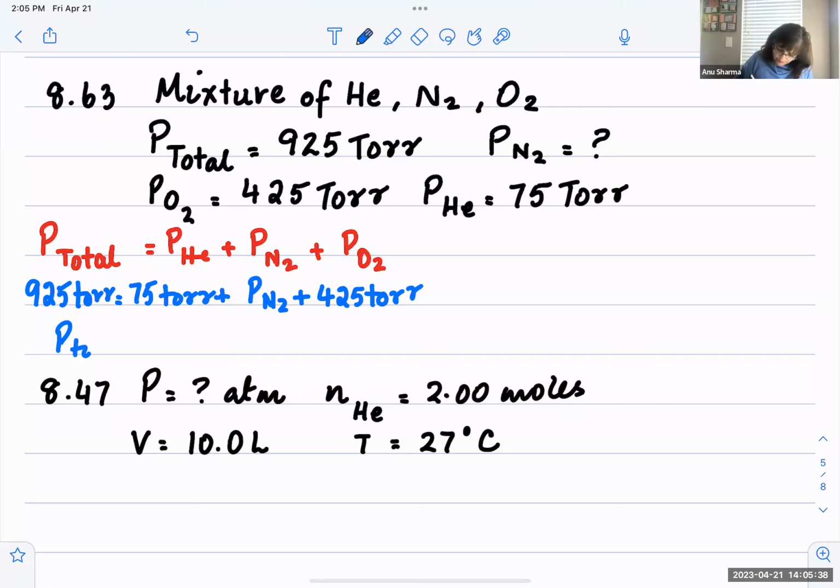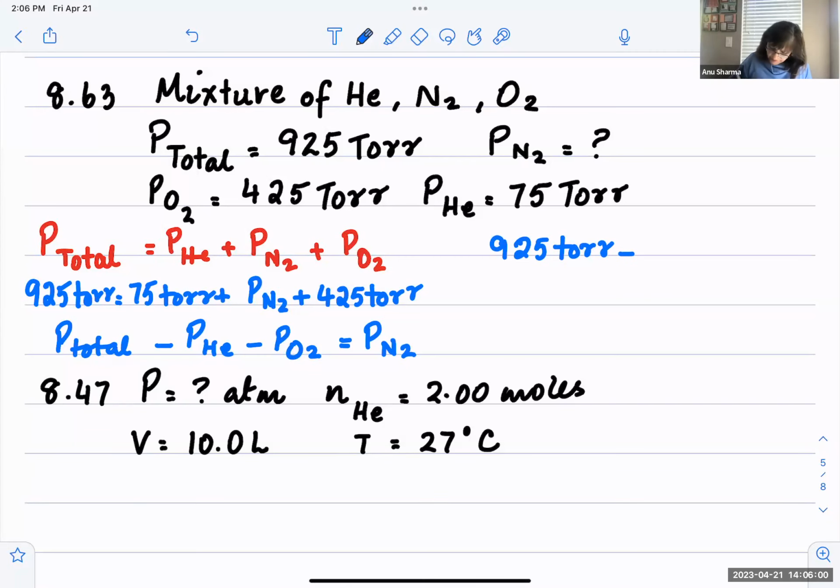P total minus the partial pressure of helium minus the partial pressure of oxygen gives you the partial pressure of nitrogen. So 925 torr minus 75 torr minus 425 torr.